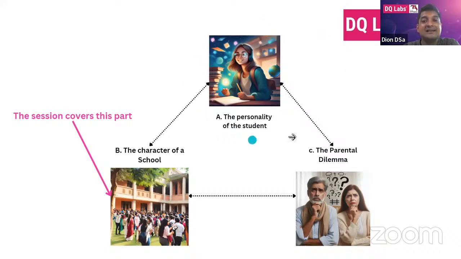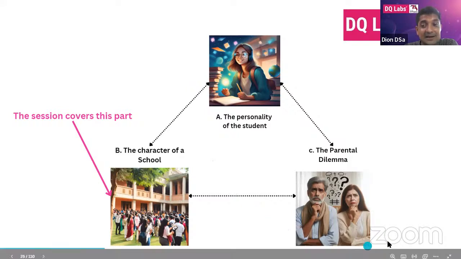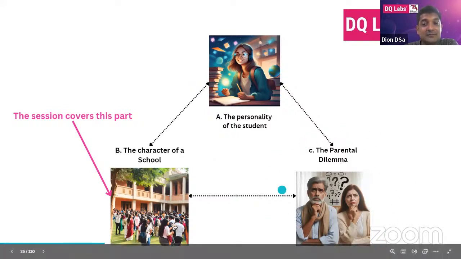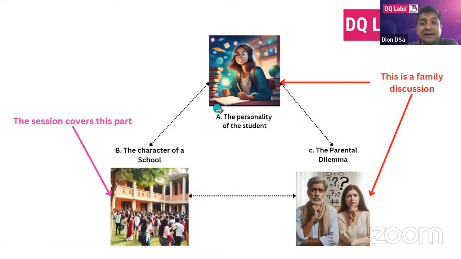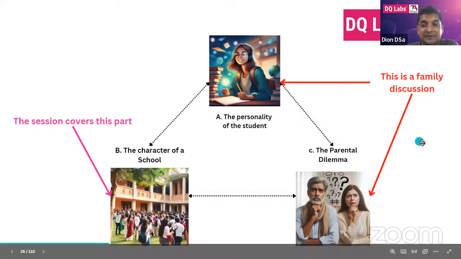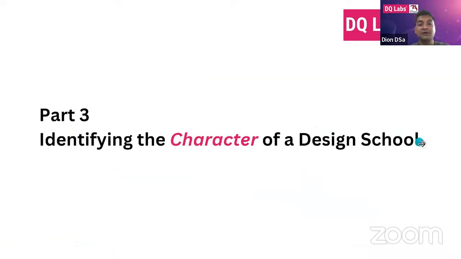This is something you'll have to introspect about. This is something that the parents would have to think about. So literally, A and C would be a family discussion, while B is something that we can cover. All right. So with that, let's get into identifying the character of a school.